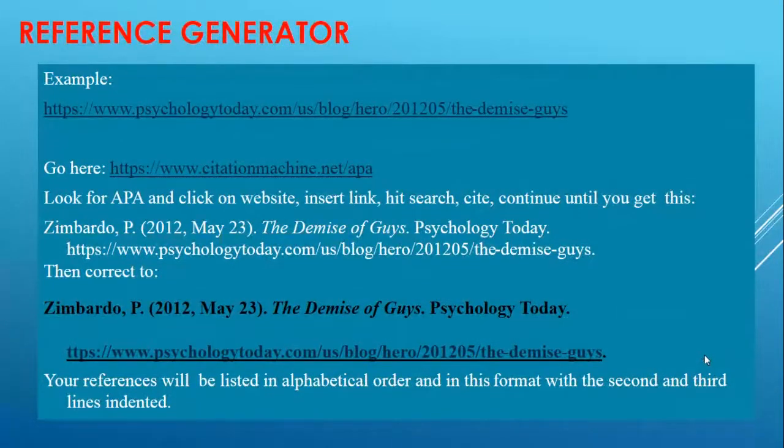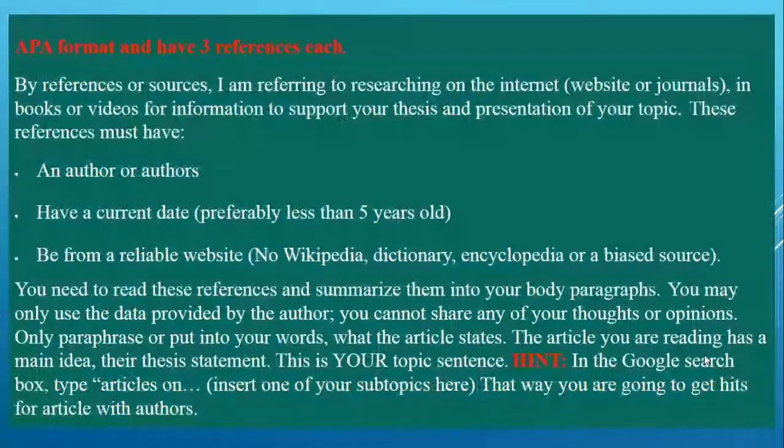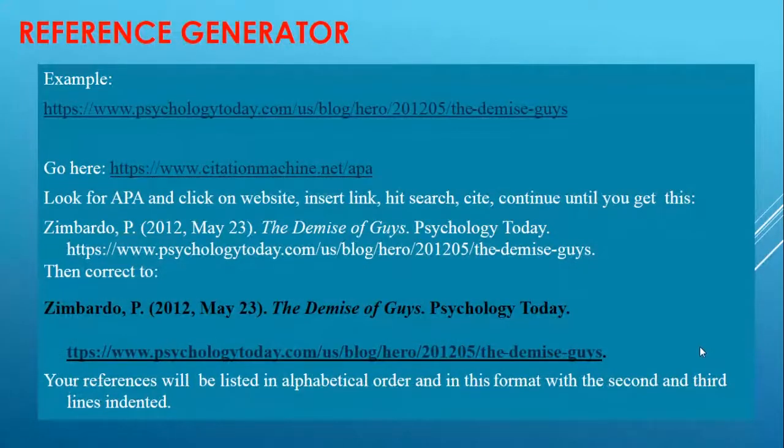The date should be within the last 5 years, because information older than 5 years is probably obsolete. In your Google search, I always put "articles" and one of your subtopics, because that way I can easily find more articles with authors.